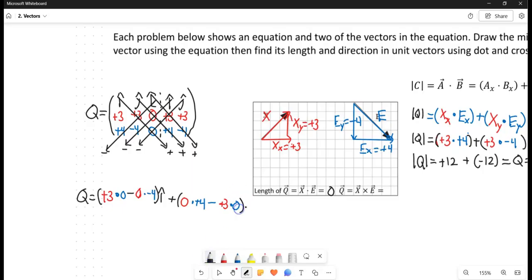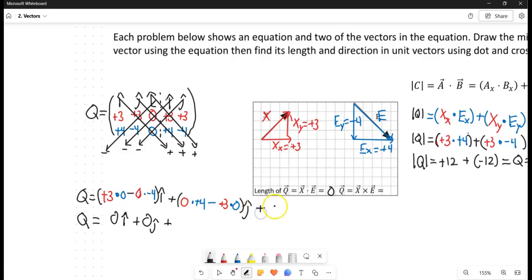So it's looking like it has no components in the x or y direction, right? Because this is going to work out to be 0 i hat plus 0 j hat, right?